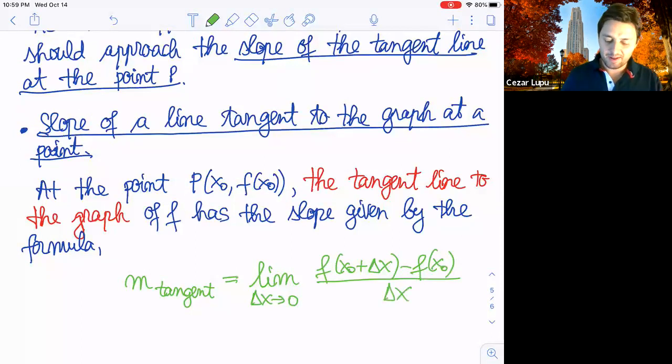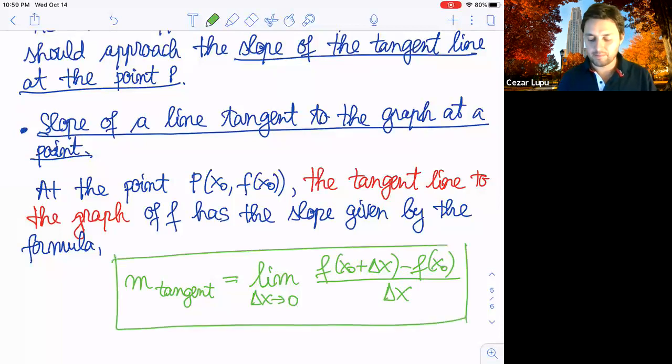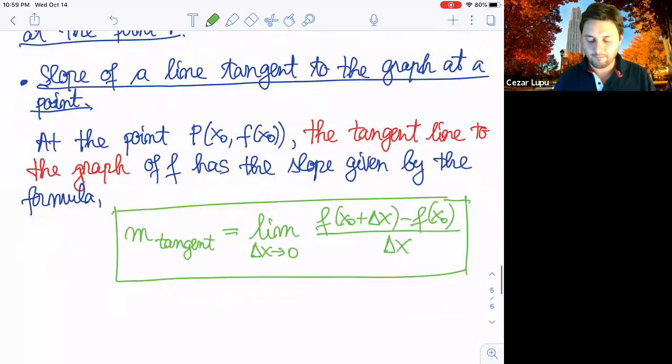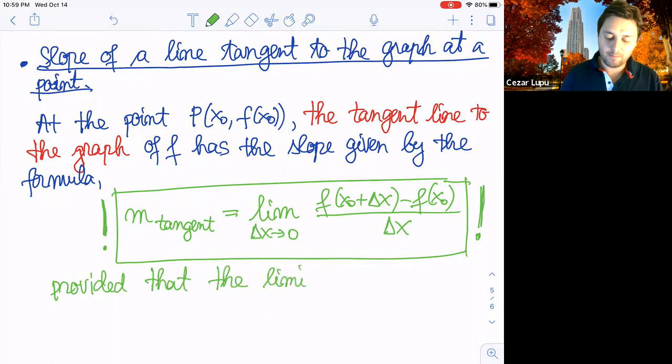That's the slope of the tangent line. Well, provided that this limit actually exists. So let's mention that, provided that the limit exists. Well, guess what?